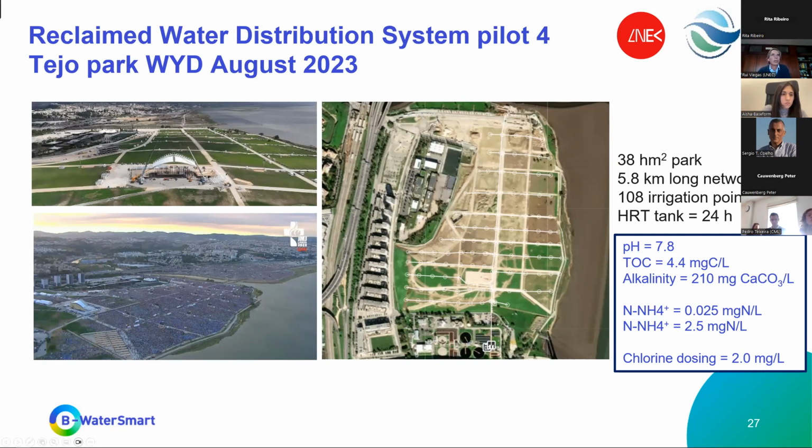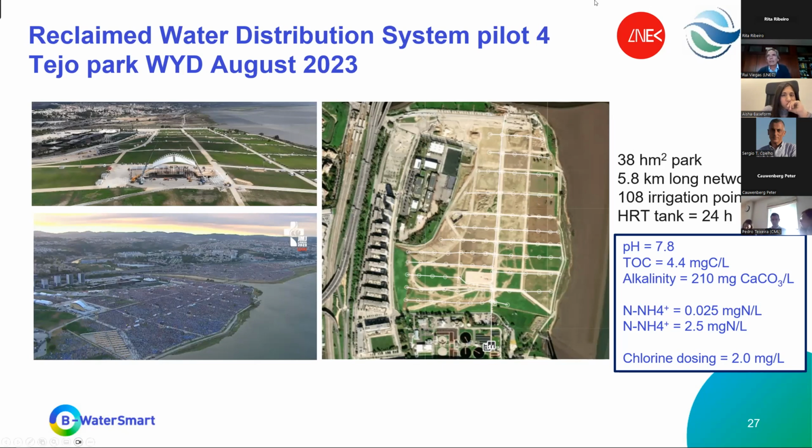This was a newly constructed network to irrigate this park that was built for the World Youth Day. It is a 38 square hectometers park with an almost 60 kilometers long network with 108 irrigation points. The hydraulic rotation time in the tank that was serving this distribution network is about 24 hours.